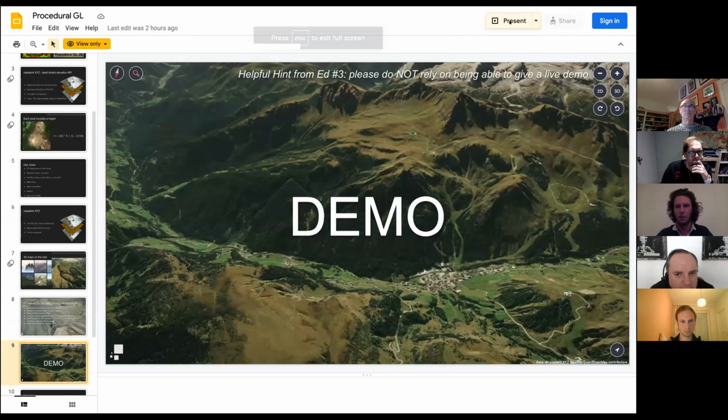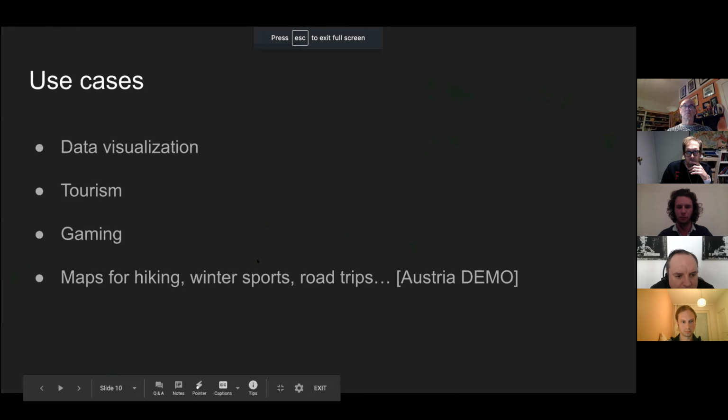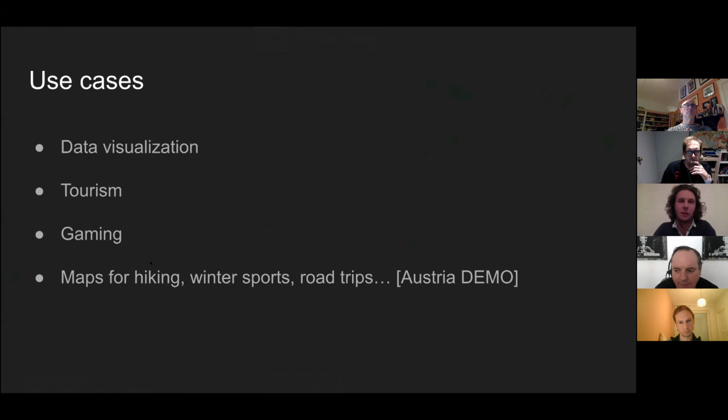Let's just go back to the slides. So for a couple of use cases, one is data visualization. So anything that involves something spatial, then if you have an attractive base map to show it on, especially if it's somewhere 3D, then it looks really great. I've actually been working with someone these last few weeks who's been using this to do a visualization of all the pollution that came from the forest fires in California.